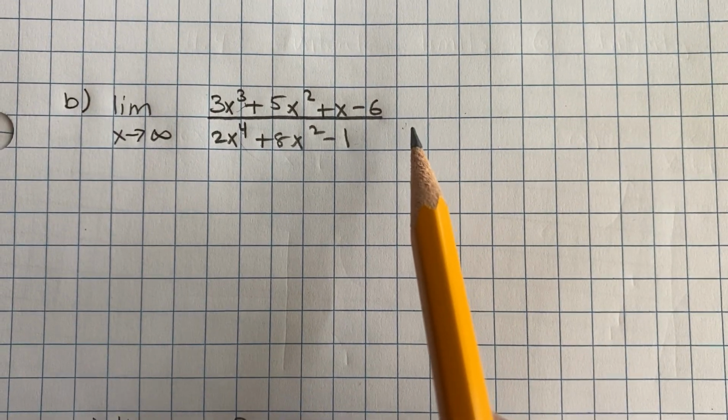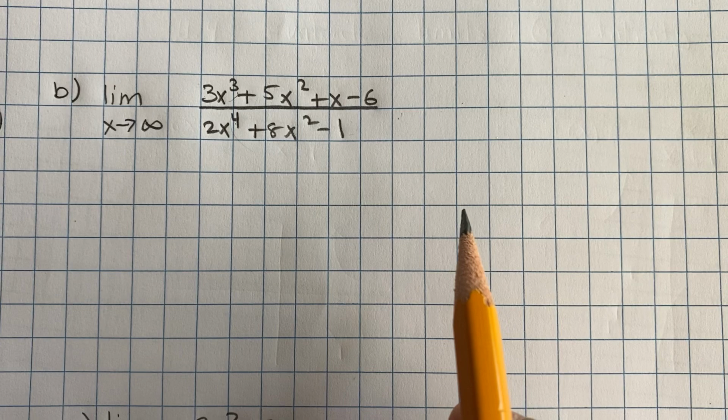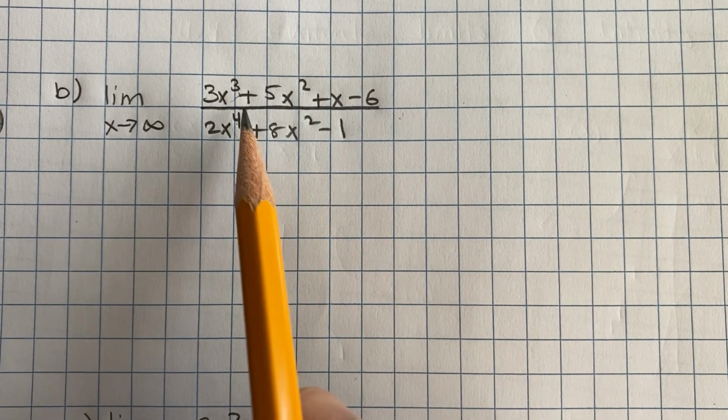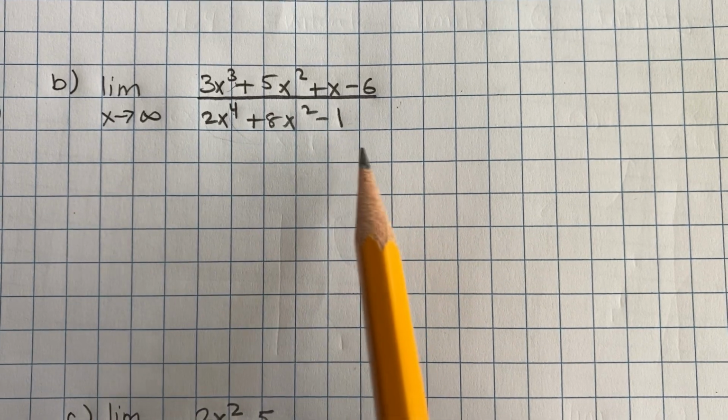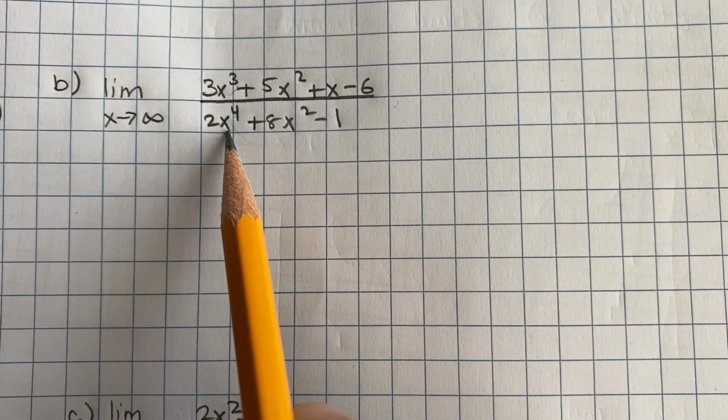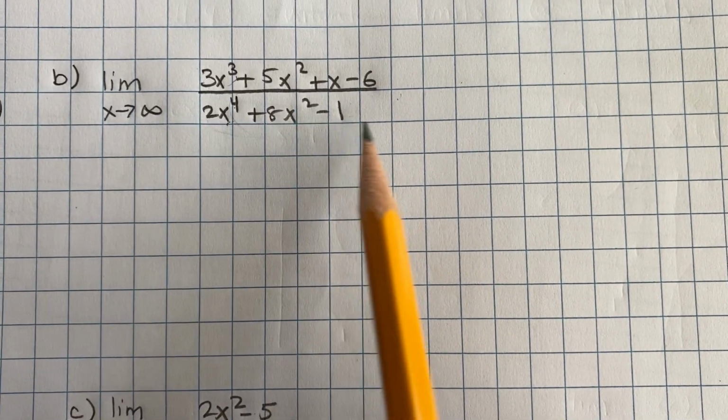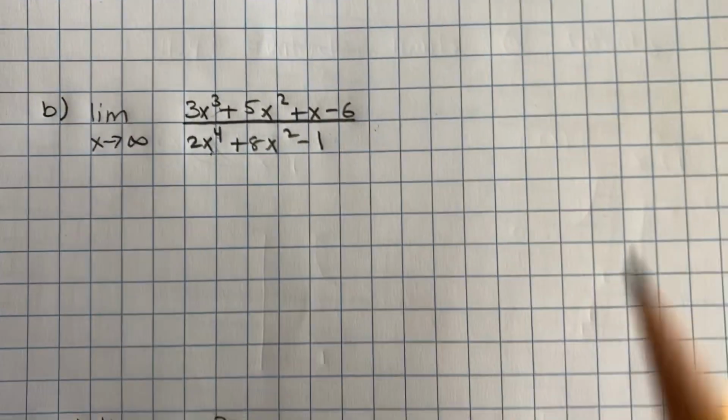But I'm going to use that technique I showed you, which is dividing by the highest power in the denominator. If I take a look at my polynomial function here in the denominator, the highest power is x to the 4th. So that's what you want to divide every term by, x to the 4th. So let's do that.